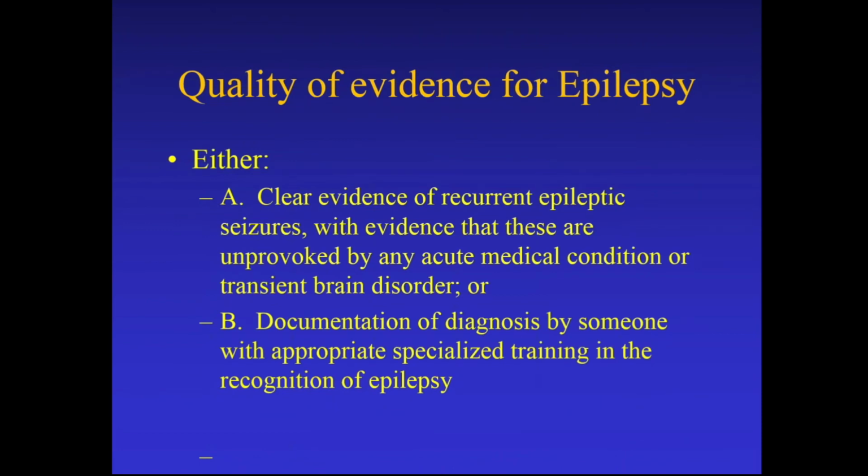Now, in the paper that I gave you the list, and this is something that Susan asked me to talk about, there is discussion of a categorization of probability of seizure risk, or seizure diagnosis validity. So, quality of evidence, either clear evidence of recurrent epileptic seizures or documentation of a diagnosis by a competent person are criteria which I think most people would accept.